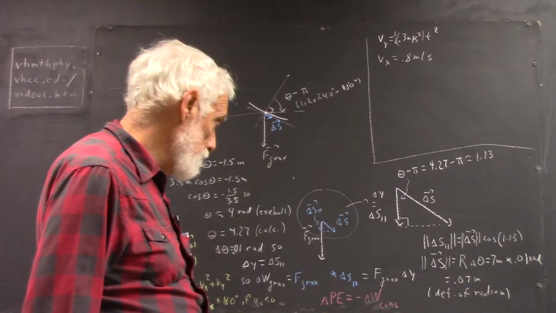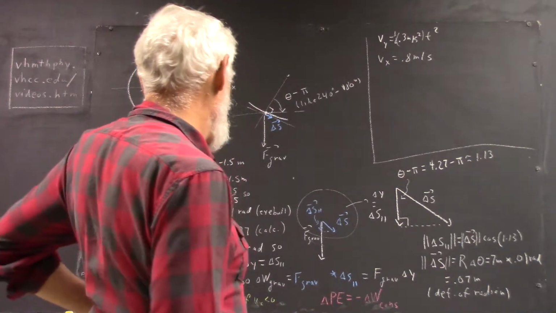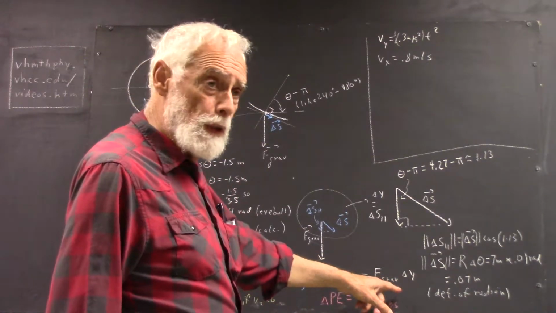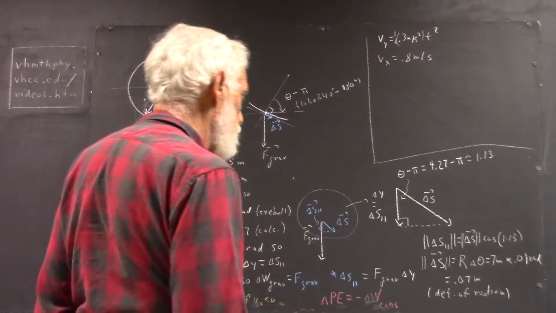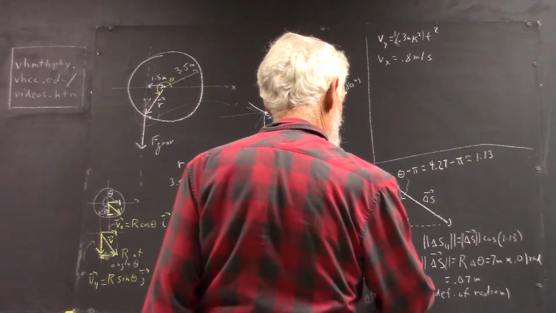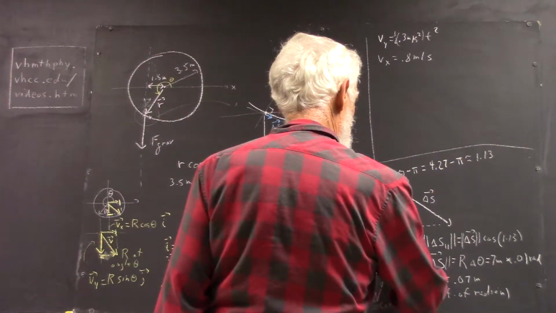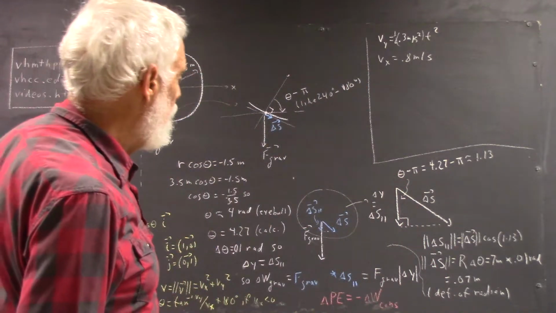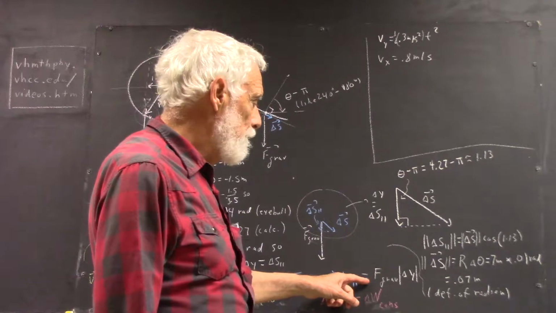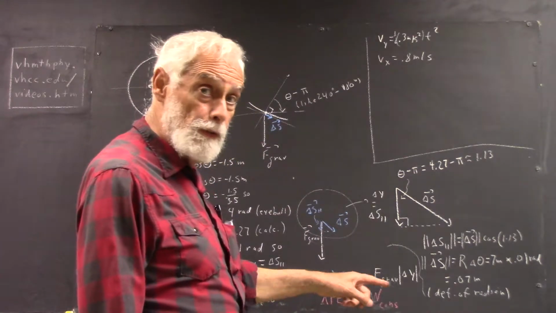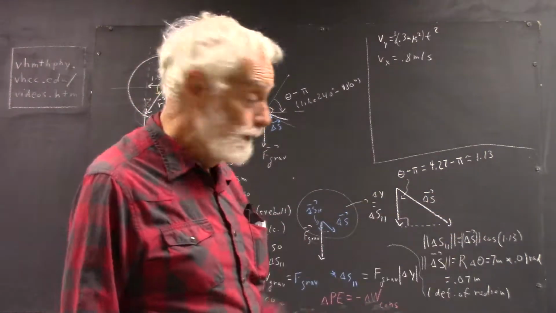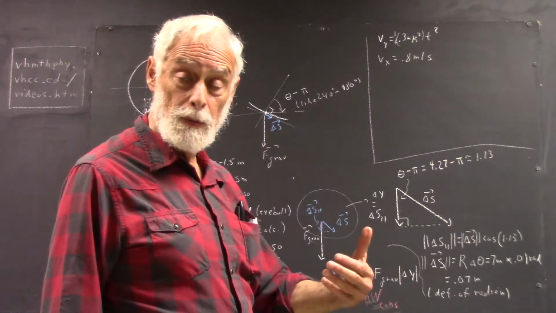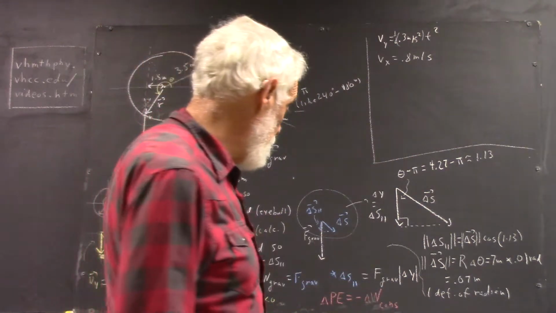And actually, when I wrote that down, there's no vector over the delta y, so technically this is correct, but I'm going to put absolute value signs around the delta y and say that F grav is the magnitude of the gravitational force. That's just a positive number. Delta y is the magnitude of your delta y displacement, your delta y vector. That's automatically positive.